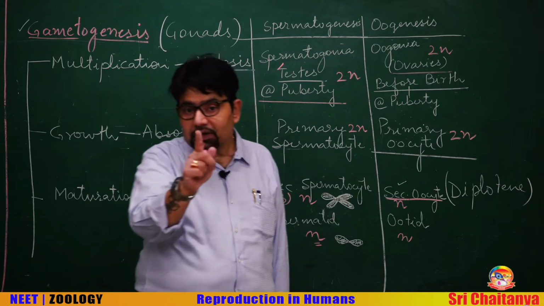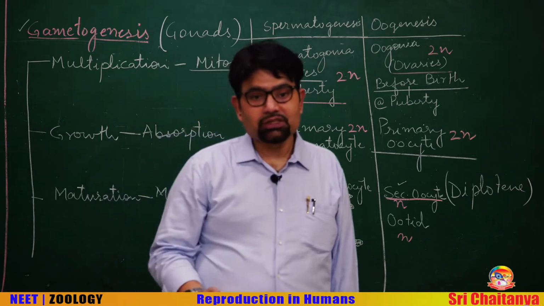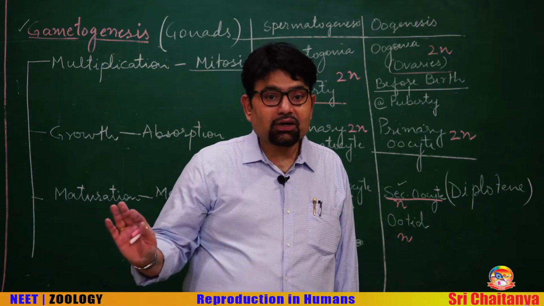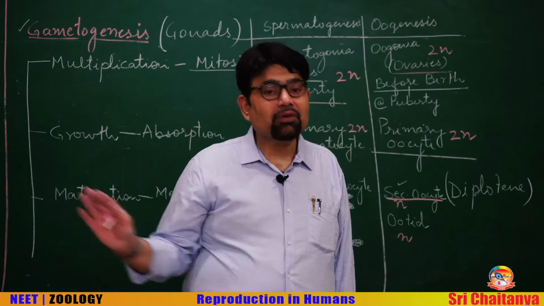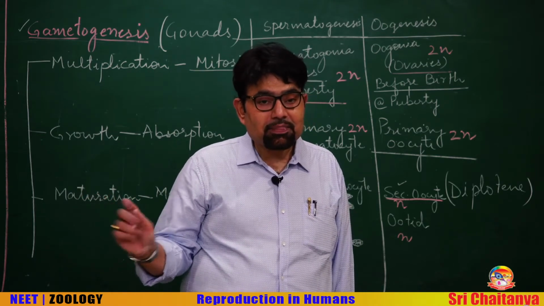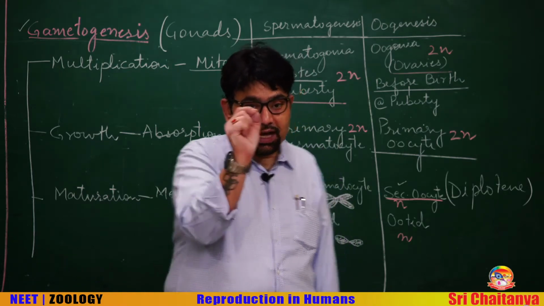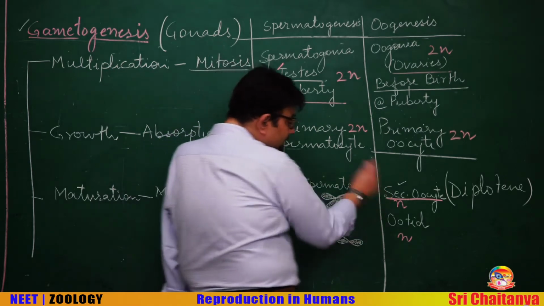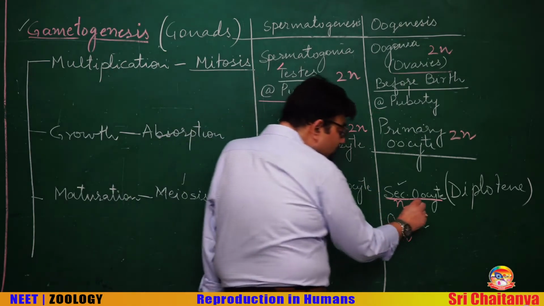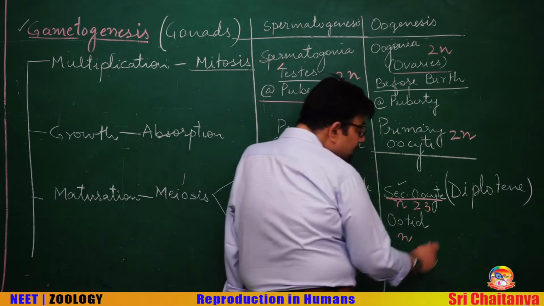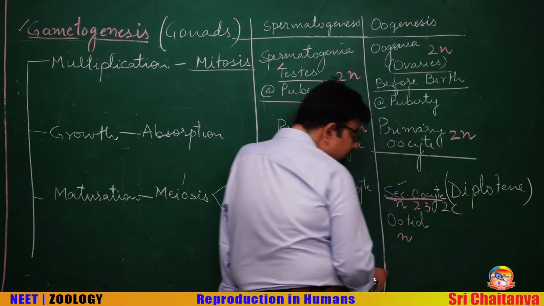So, remember, at ovulation, ootids are not released, completely haploid cells are not released. What are released? Secondary oocytes. Yes, they have 23 chromosomes, but the DNA is still 2C.